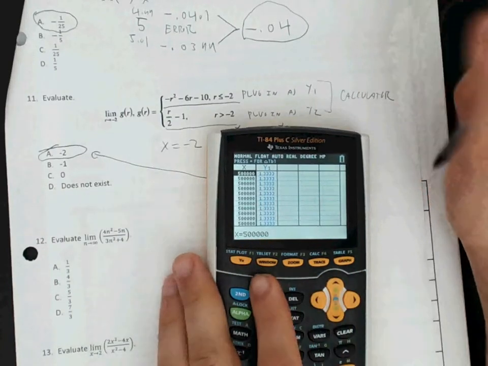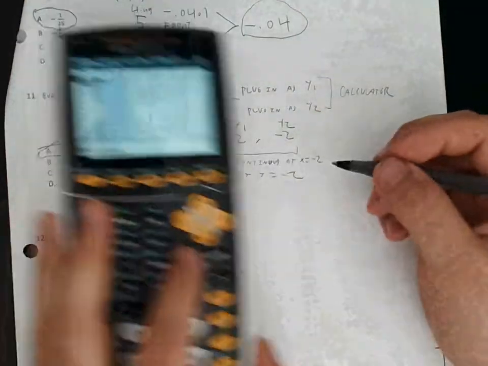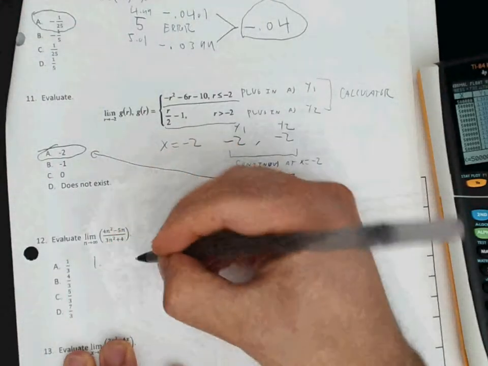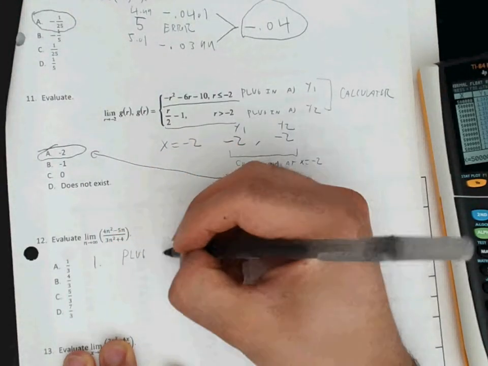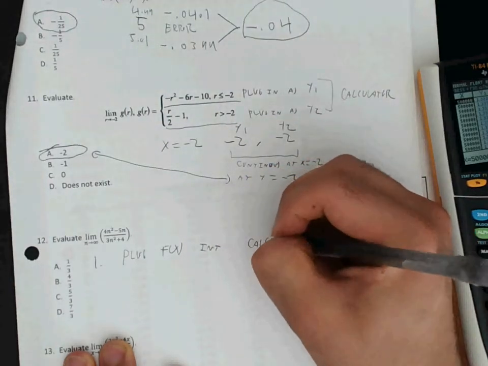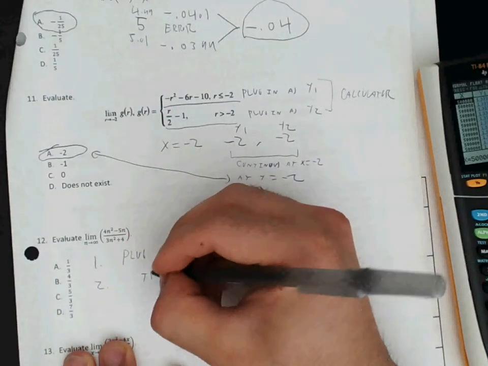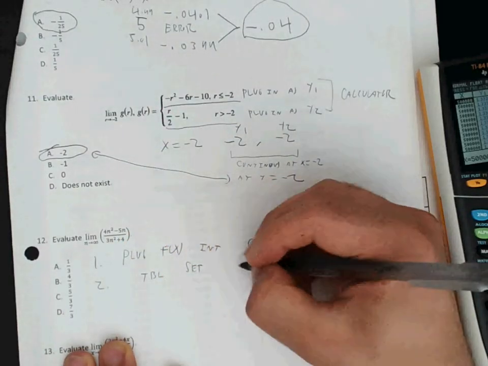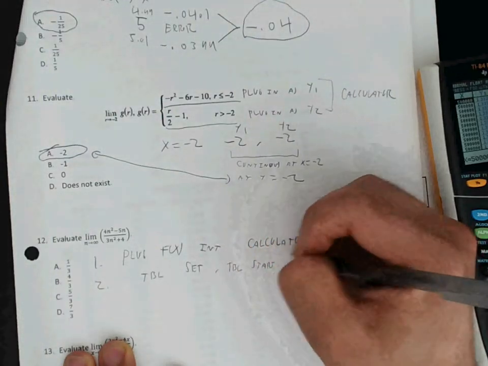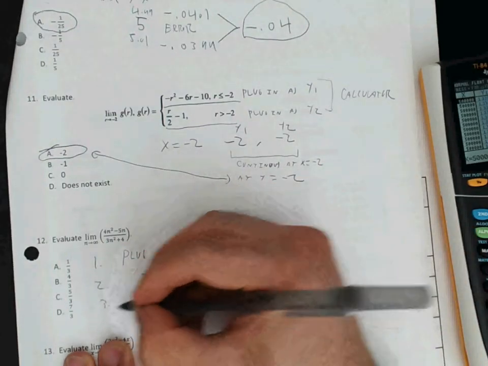Now when x is 500,000, notice when x gets very big. So our first step is to plug the function into the calculator. Two, table set, table start, 500,000, and then three, we evaluate the table.